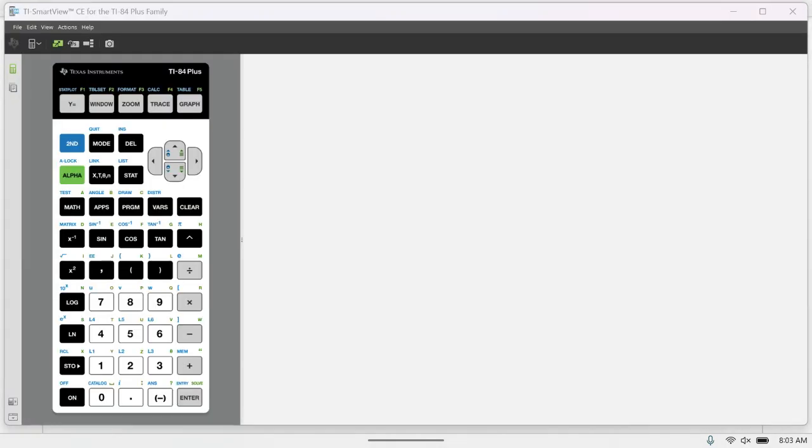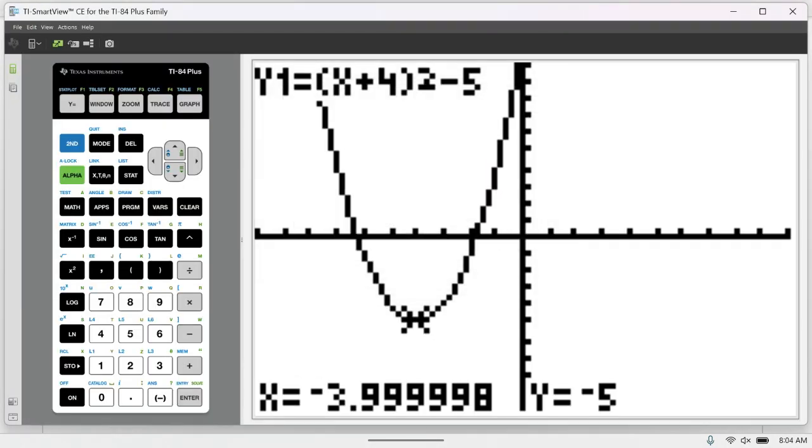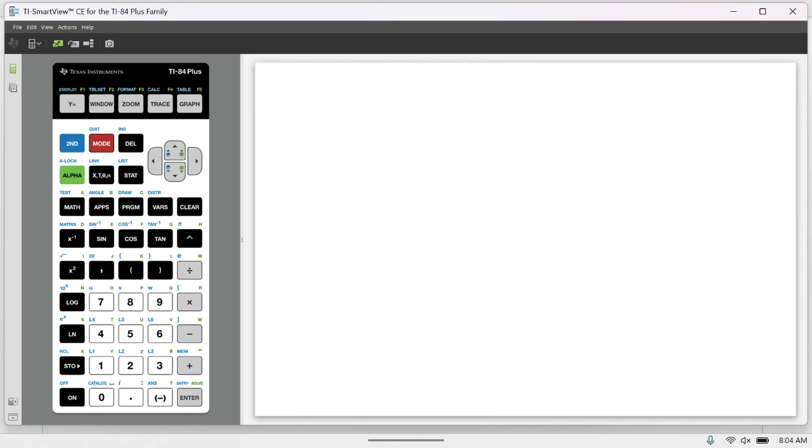So make sure that you separate the square roots. So I'm going to hit second square root 4. Use my arrow key to get out from under the square root. Times second square root 9. So that's what it should look like in your calculator.